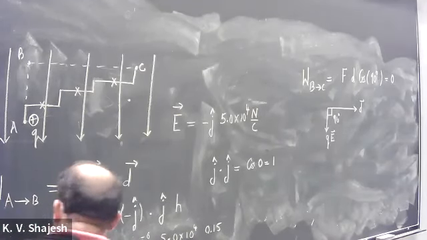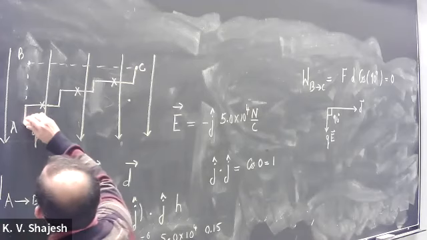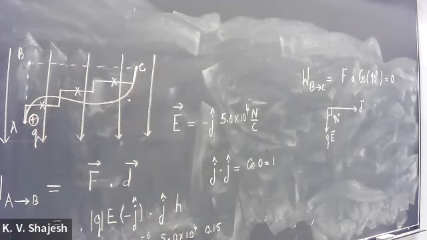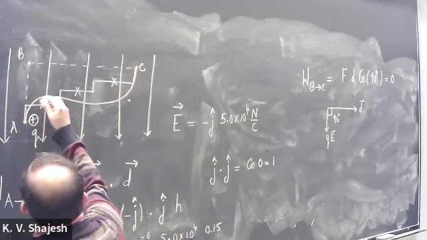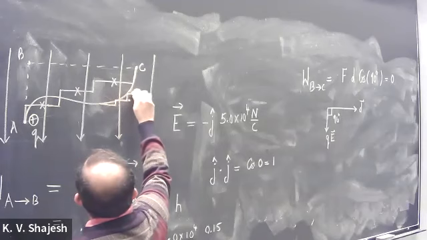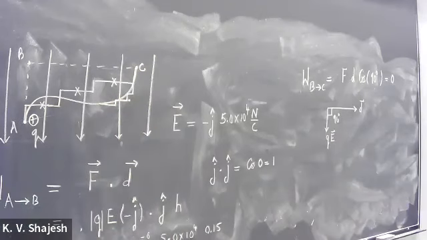In fact, you could have changed this to any path you want like this. And then you would say, oh, is that the same? Again, break this path into small vertical and horizontal components, and always only the vertical components add up. Horizontal components will always be 0 because the electric force is perpendicular to that.